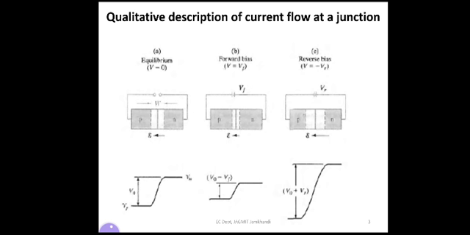All together it shows the effect of a bias at a junction: the transition region width and electric field, electrostatic potential, energy band diagram, and particle flow and current direction within W for equilibrium, that is A, V equal to 0, and forward bias, that is V equal to Vf, and reverse bias, that is V equal to minus Vr, as shown in the figure.